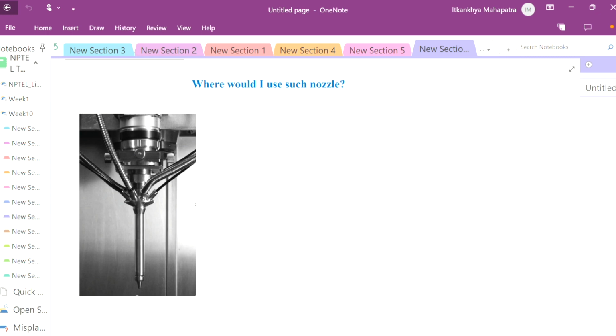Support structures are not allowed. If we print a support structure, after printing it is very tedious to remove it. So in those cases we can use a 5-axis or 6-axis system so that we have an overhanging fixture.